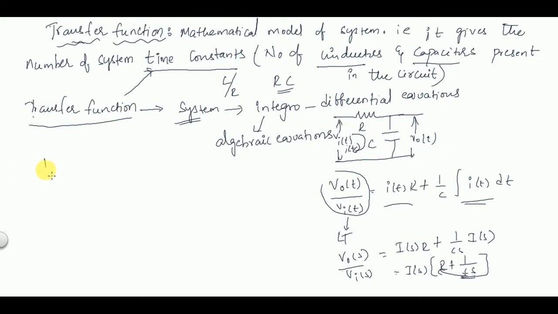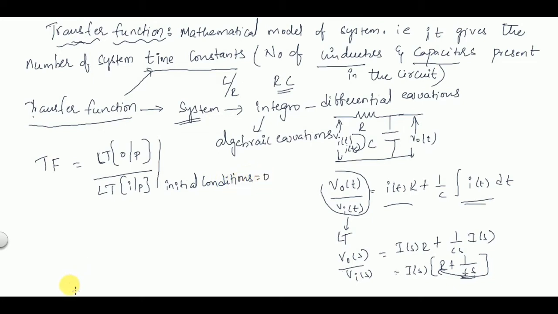Transfer function is defined as the Laplace transform of output by the Laplace transform of input, by making all the initial conditions equal to 0. There will be some initial voltage across the capacitor or current across the inductor, because transfer function always deals with capacitors and inductors present in the circuit.